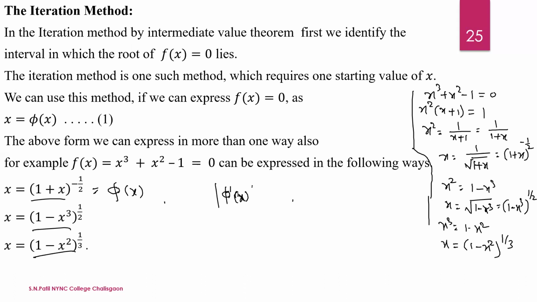If the magnitude of phi dash x is less than 1, then select this x is equal to phi of x for the iteration method. If not, then reject the phi.